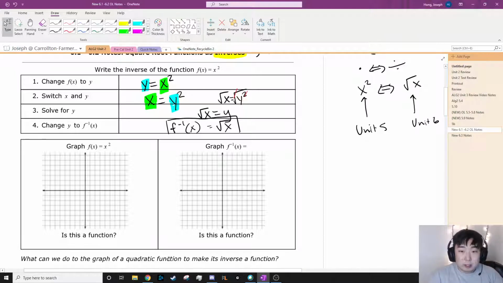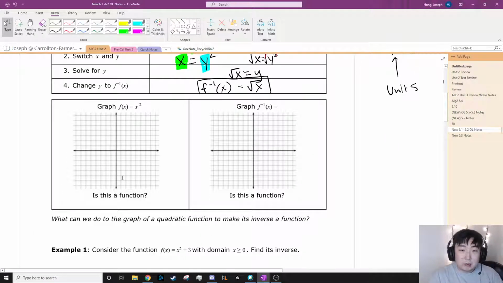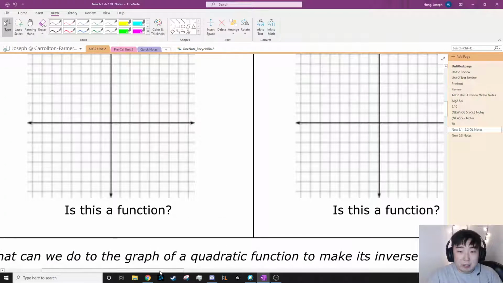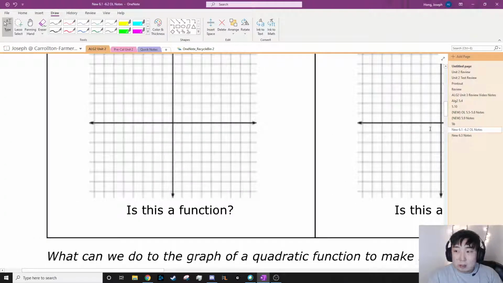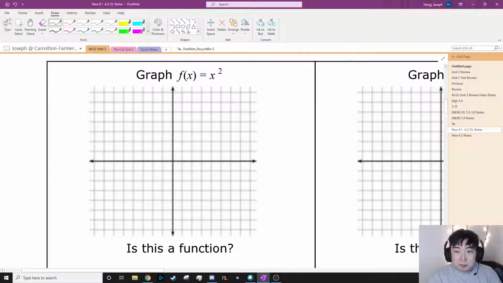So if I draw this function right here, x squared, it's going to look roughly, but not exactly, like so. I'm going to draw it red, just so that we can see it better. It's going to look something like that.